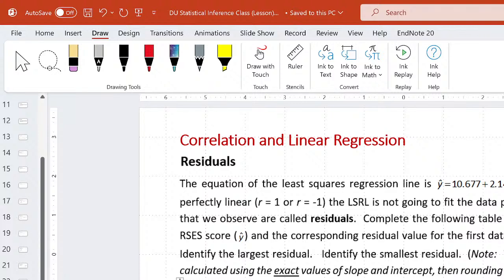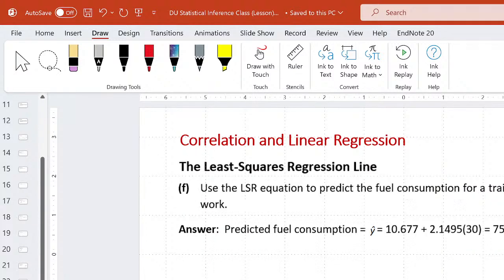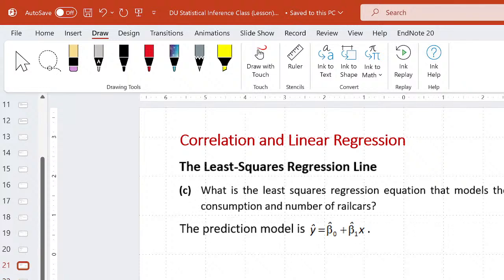Would it be reasonable to use the regression equation to predict fuel consumption for a train on this road with 65 rail cars? Let's see. The longest train was 50. Okay? The longest train was 50.